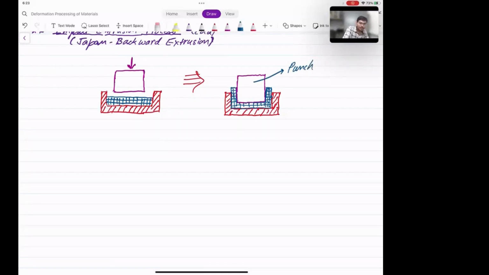This is the extruded product, and this was our die. Here also, this was the billet. This was our die, and this was the punch having a very high pressure value. Punch with high pressure.